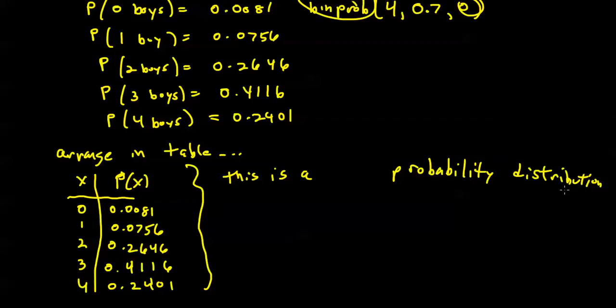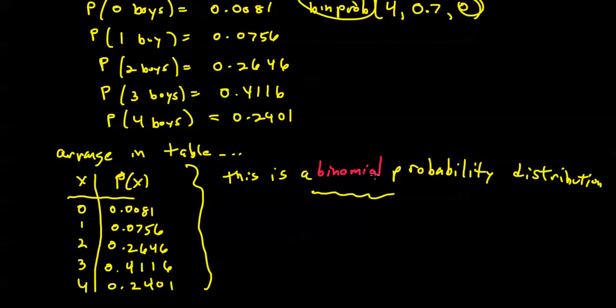Now notice I left a little space here because I'm going to add in another word here. Not only is this a probability distribution, it is a binomial probability distribution because it's based on a binomial experiment.